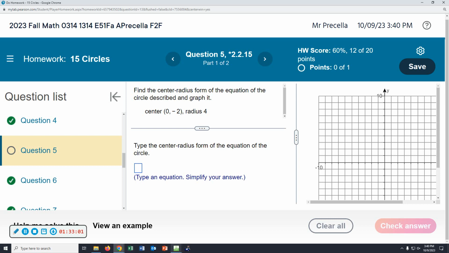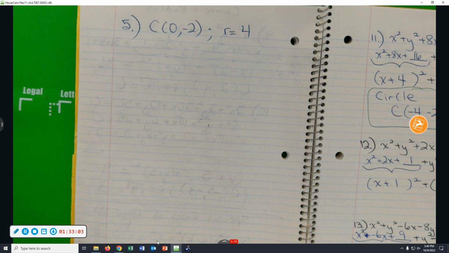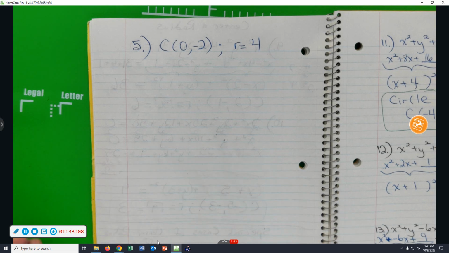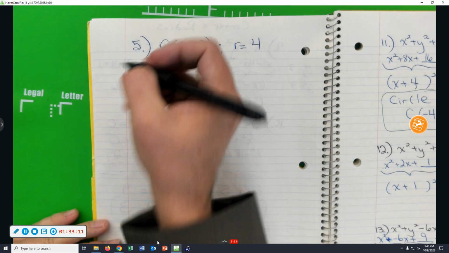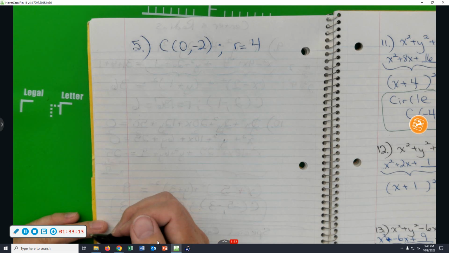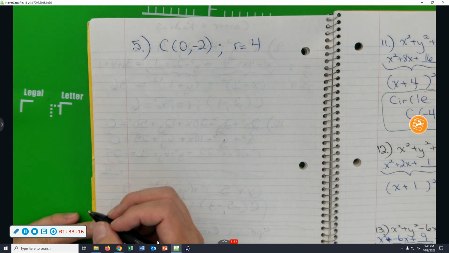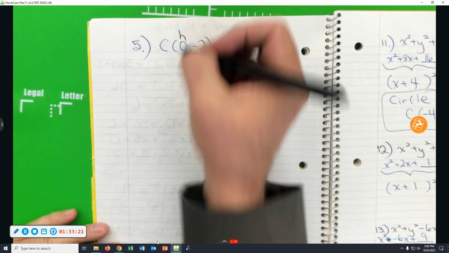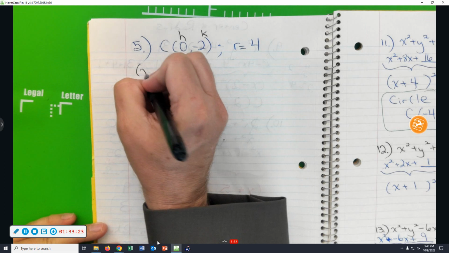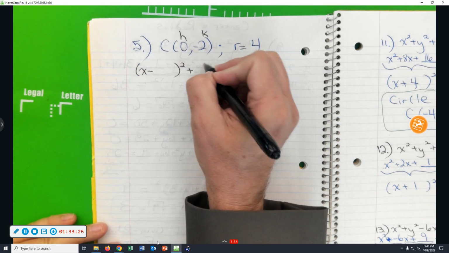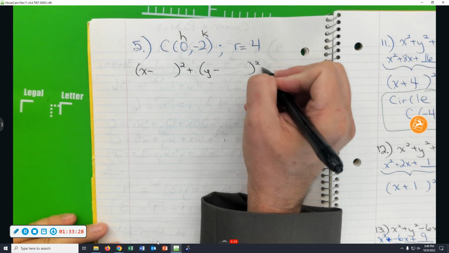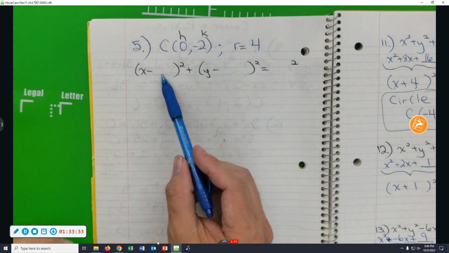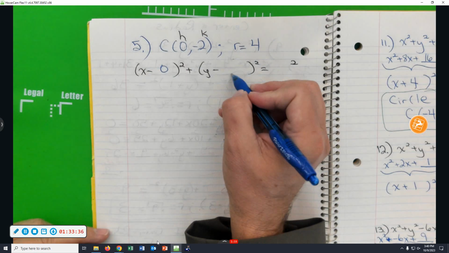Okay, it's number 5. What number's acting like h? 0. What number's acting like k? Negative 2. We have x minus, we have y minus, and we have a square. So what did you say goes after the x minus here? 0 here.